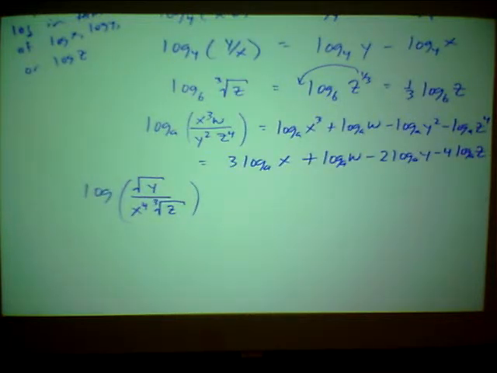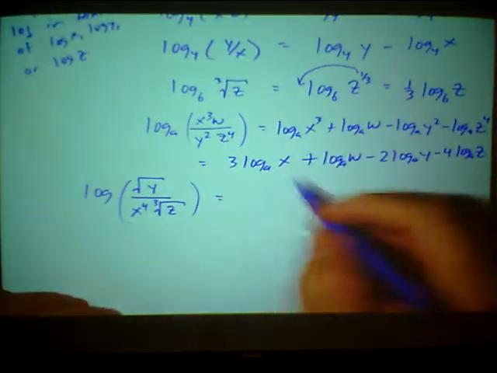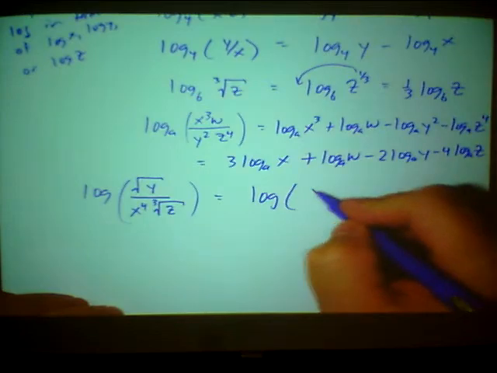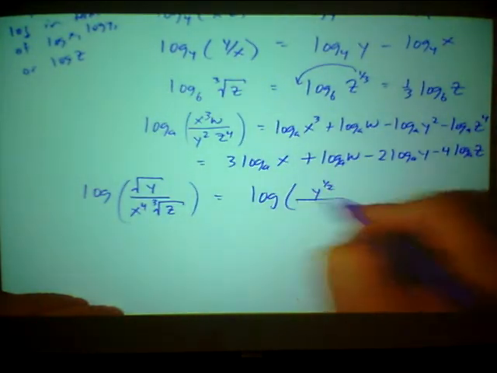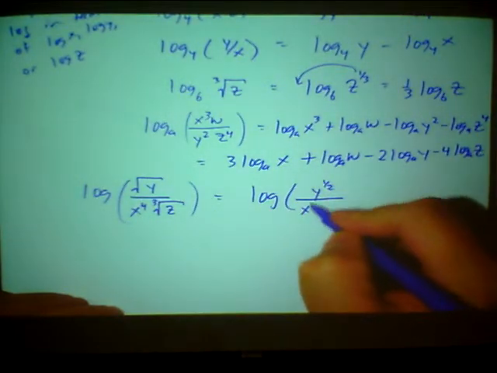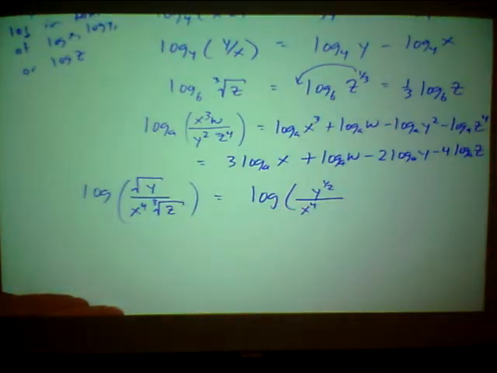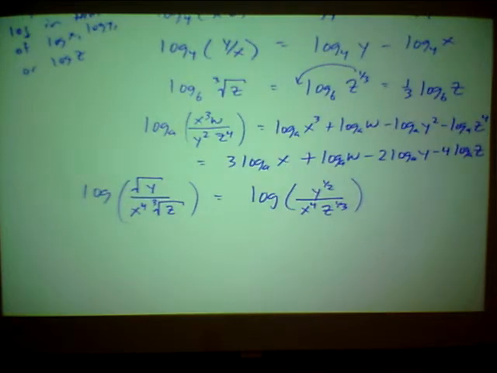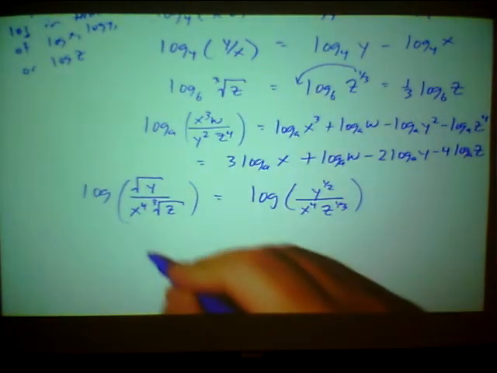First thing I need to do is convert all the radicals into rational exponents. So the square root of y is y to the 1/2. X to the 4th is okay. Cube root of z, z to the 1/3. Now let's go and break this up into separate log terms.